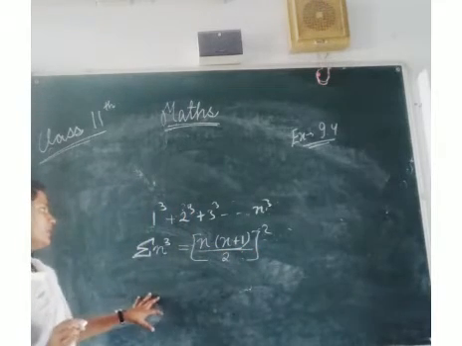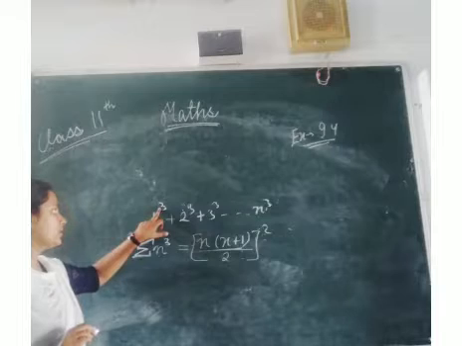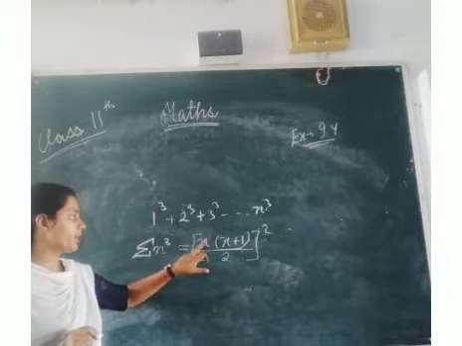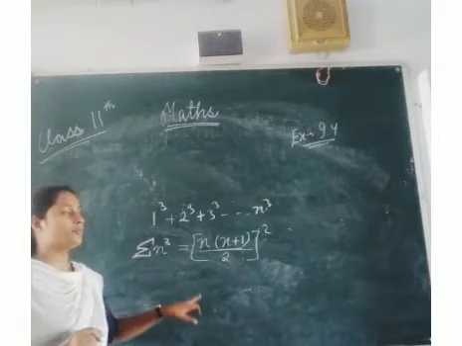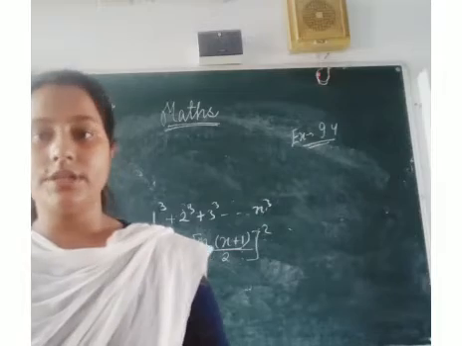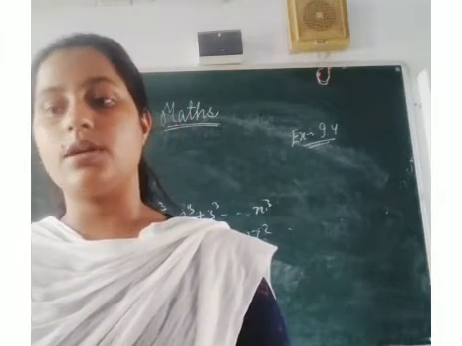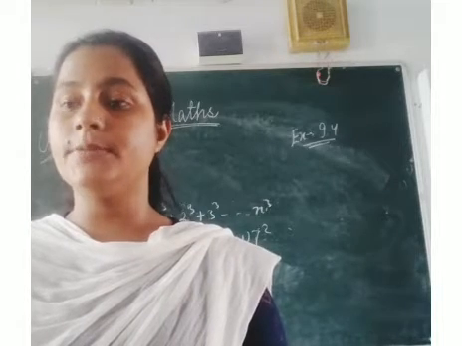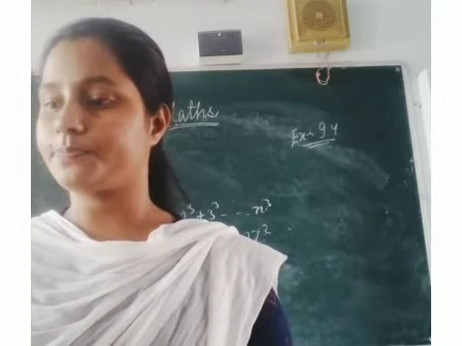You can clearly see that when you put any value of n and simplify it, from both cases the answer is going to be the same. So these are the three special series with the help of which we are going to solve exercise number 9.4.